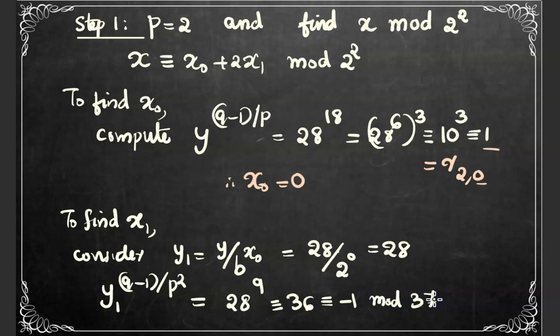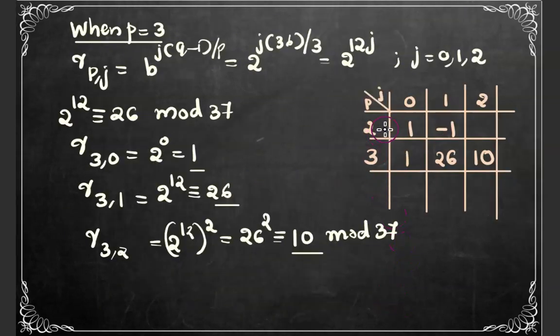So when we compare this value minus 1 with the table of R2Js, here in this row we can see that the value is equal to minus 1 when j is equal to 1. That is R21 is equal to minus 1.